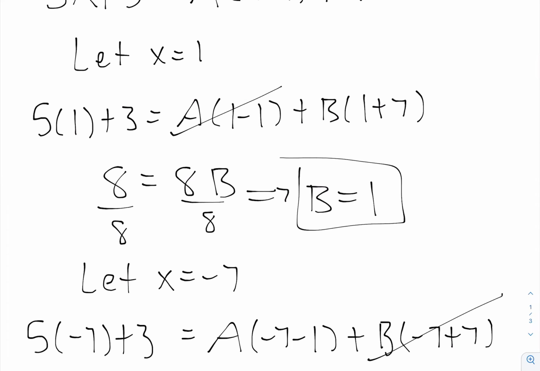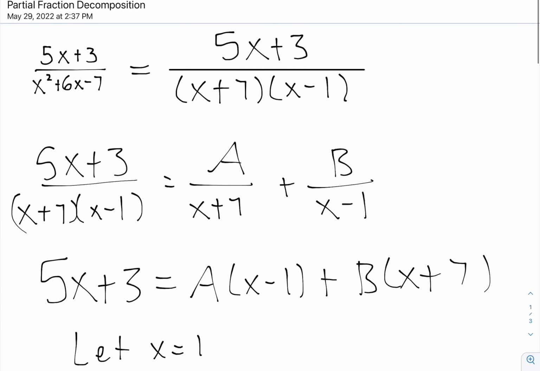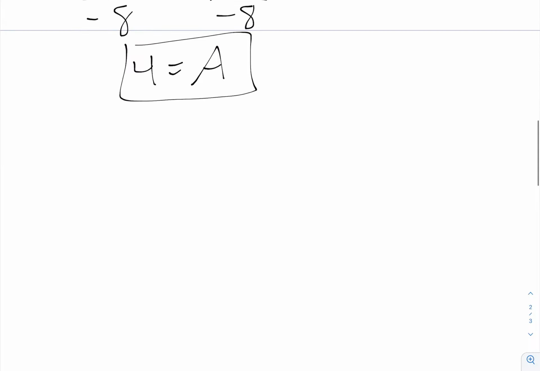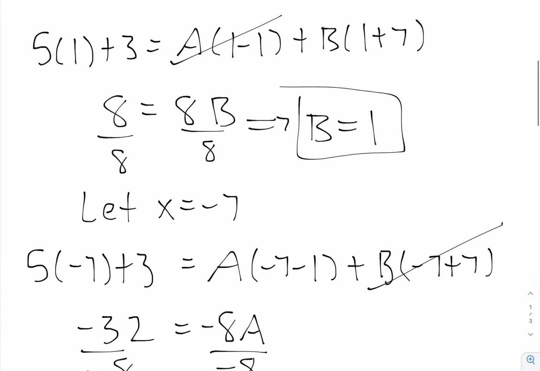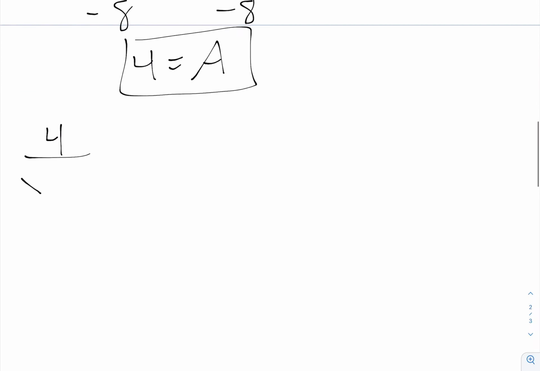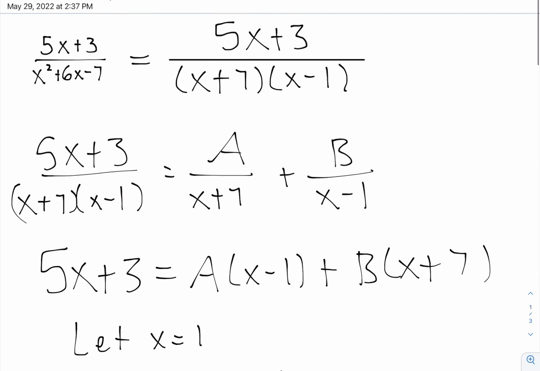Because the original expression didn't even have A and B in it, it just had x. Well, remember, A and B represented the constants in the numerators of our split up fraction. So if A was 4, this will be 4 over x plus 7. And then remember, B was positive 1, so plus 1 over x minus 1.